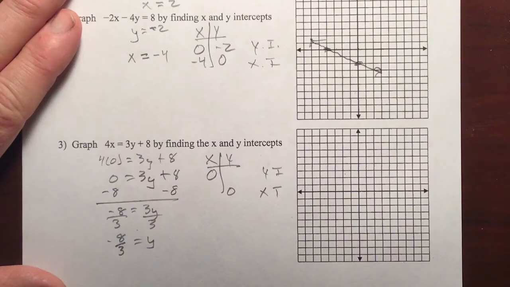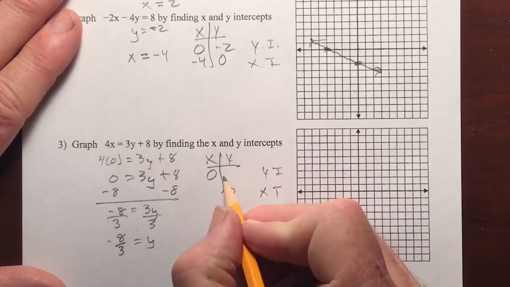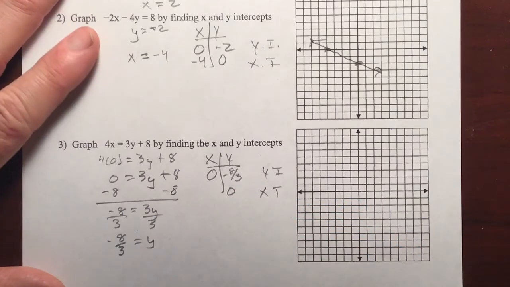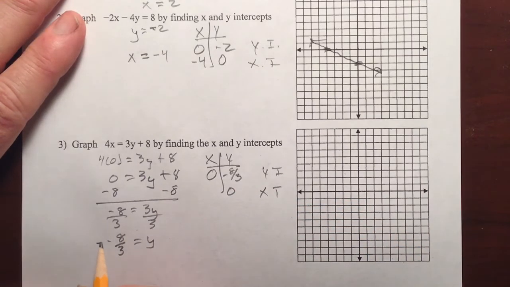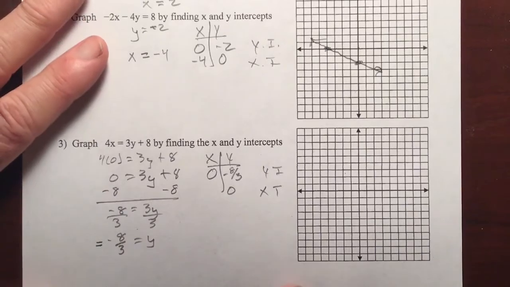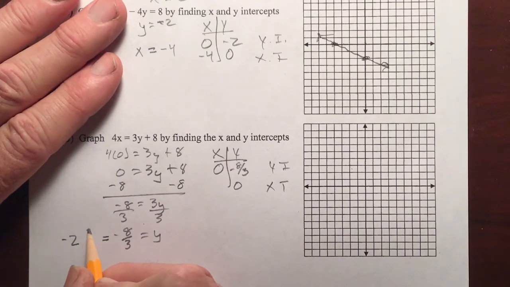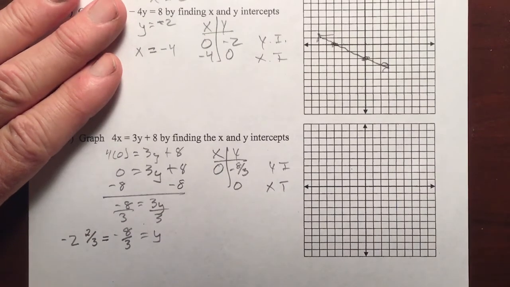Remember, this is about the only time that it's easier to use mixed numbers. 3 goes into 8 twice with 2 left over, so negative 2 and 2/3 is the same as negative 8 over 3.